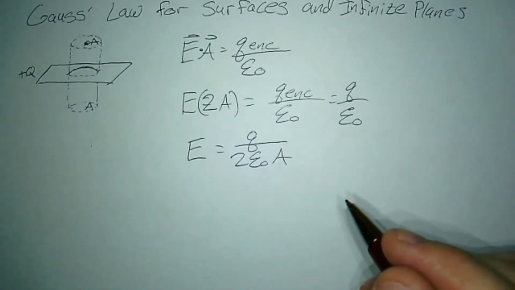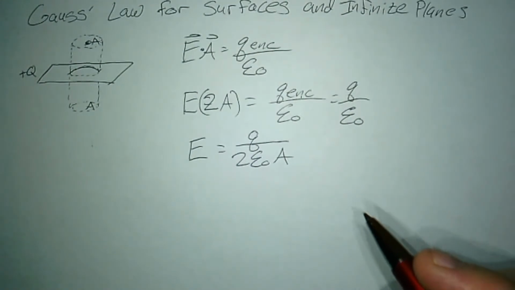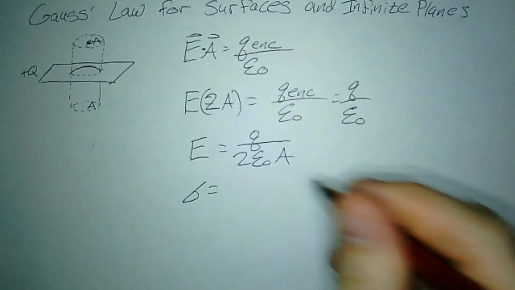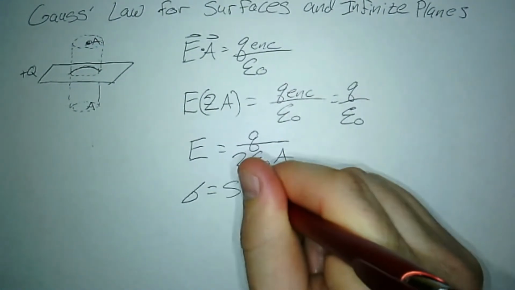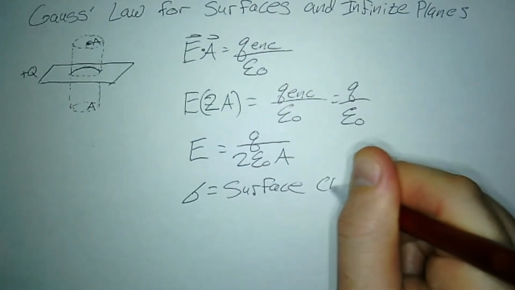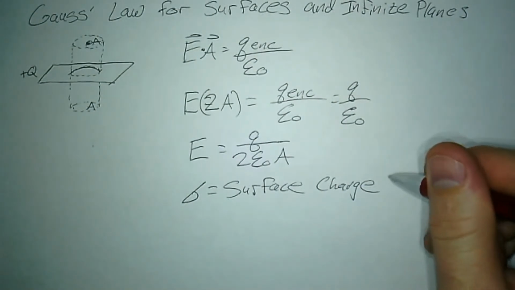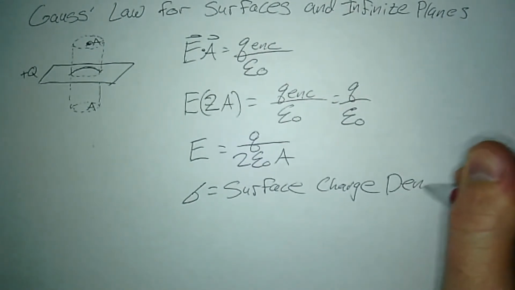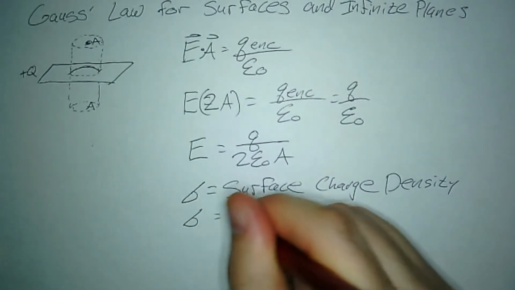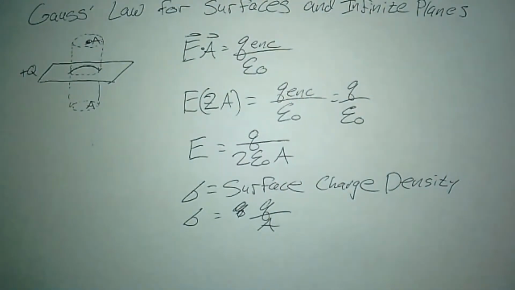But what I probably do know in this problem is the surface charge density. And if you remember, sigma is our surface charge density, let's write that down for you guys if you want to take notes or anything. Charge density. It is going to be equal to q over area, right?